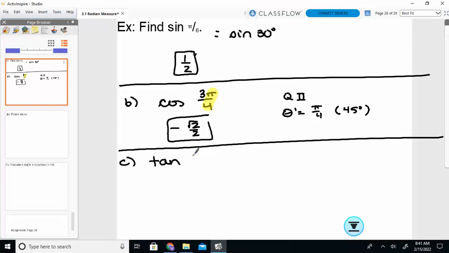What if I said find the tangent of 5 pi over 3? So with these, we need quadrants and reference angles. So 5 pi over 3, what quadrant would that be in?